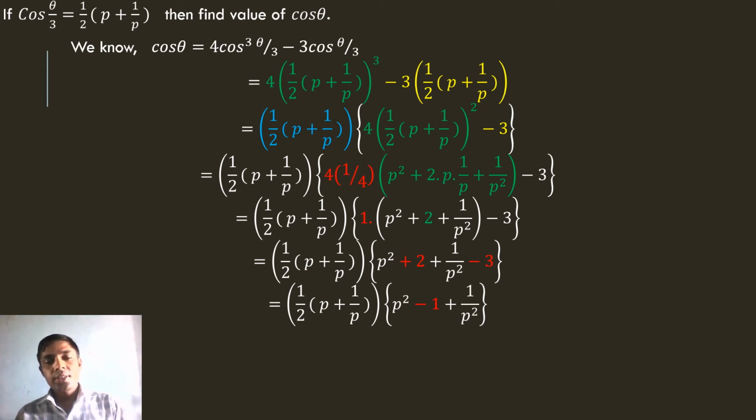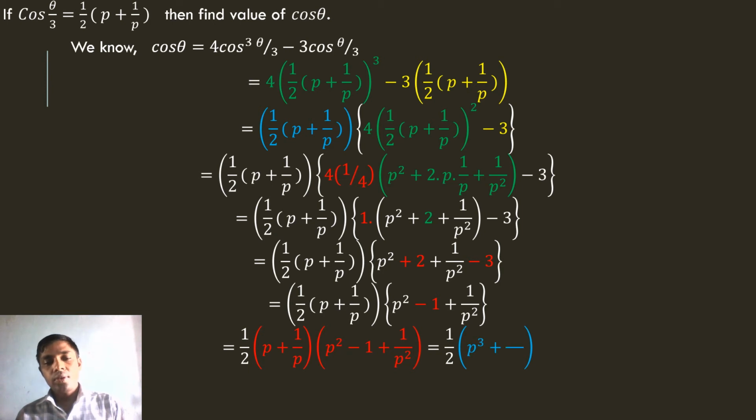Now if we see this much of the term, it is in the formula of a cube plus b cube. So 1 by 2 will be as it is. Now we are writing in formula format: p plus 1 by p times p square minus 1 plus 1 by p square. So this is in the form of a plus b times a square minus ab plus b square.